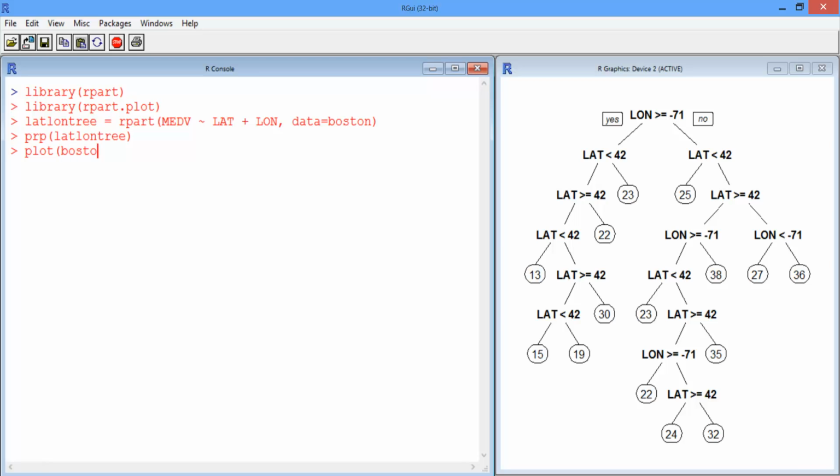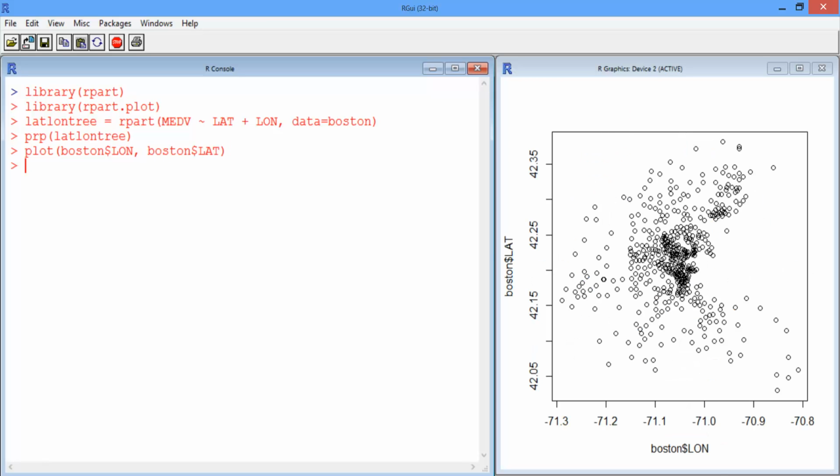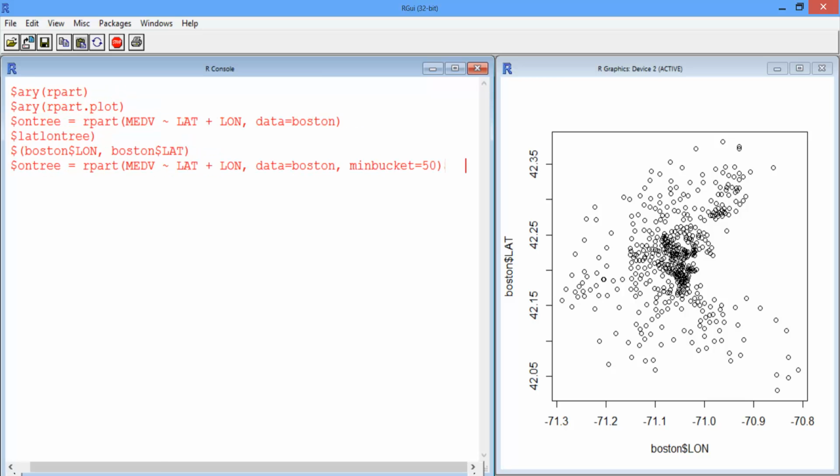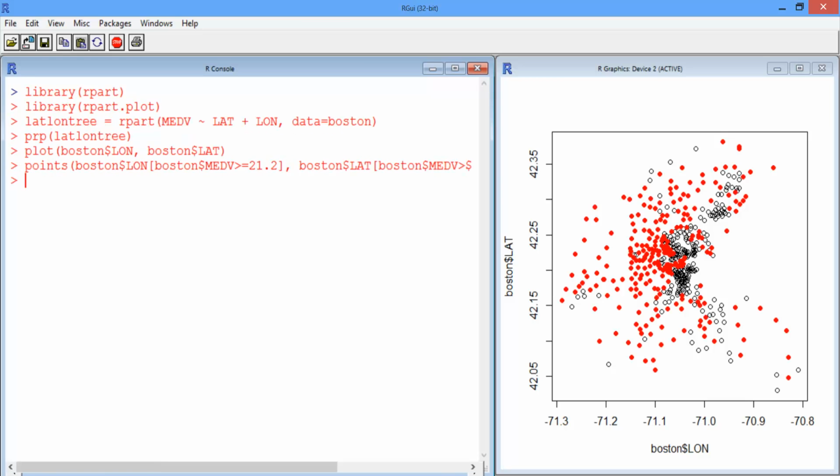So we'll plot again the latitude, the points, and we'll again plot the points with above median prices. I just scrolled up from my command history to do that. Now we want to predict what the tree thinks is above median, just like we did with a linear regression. So we'll say the fitted values we can get from using the predict command on the tree we just built.